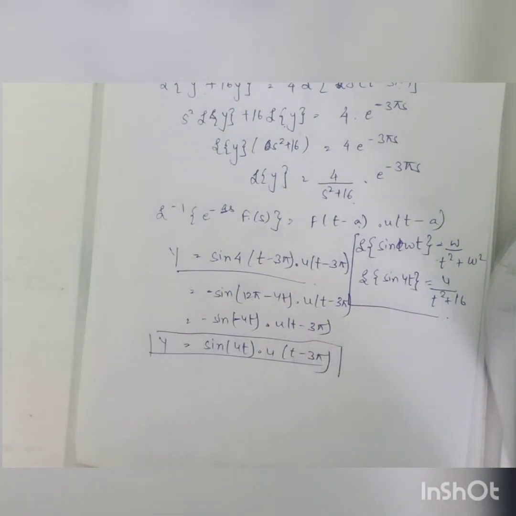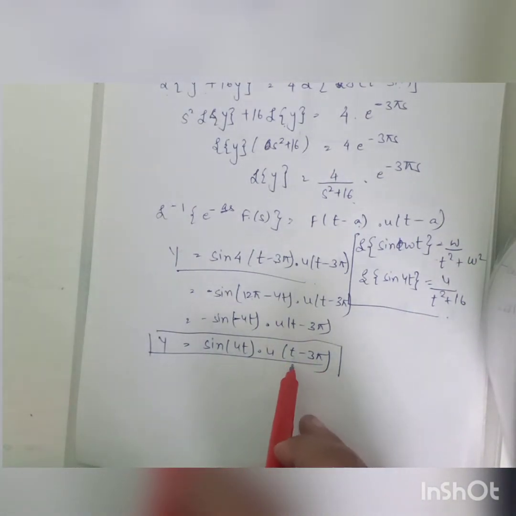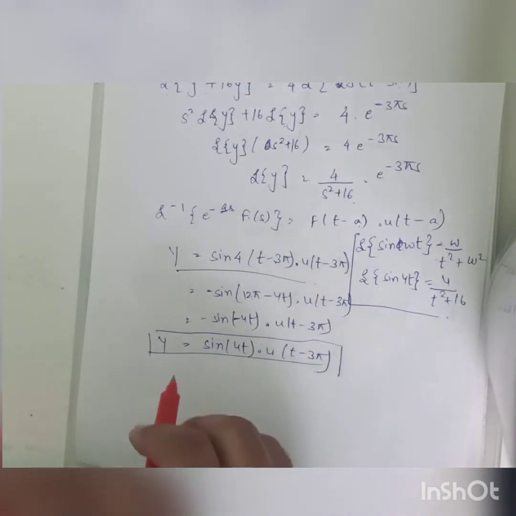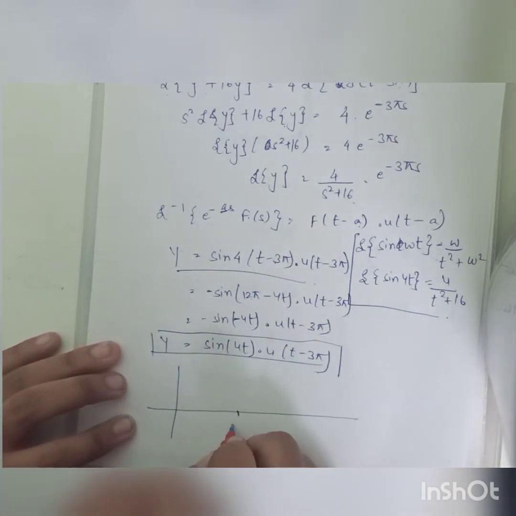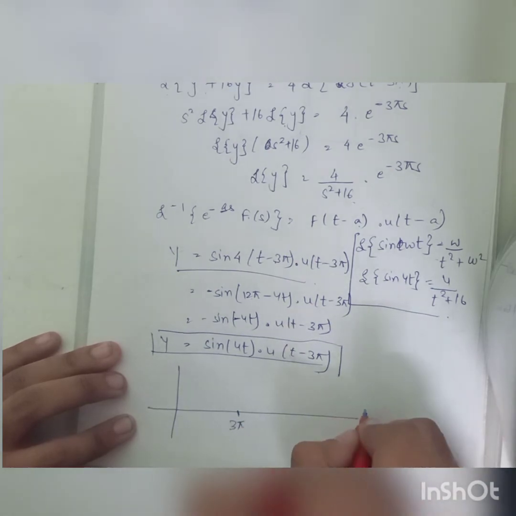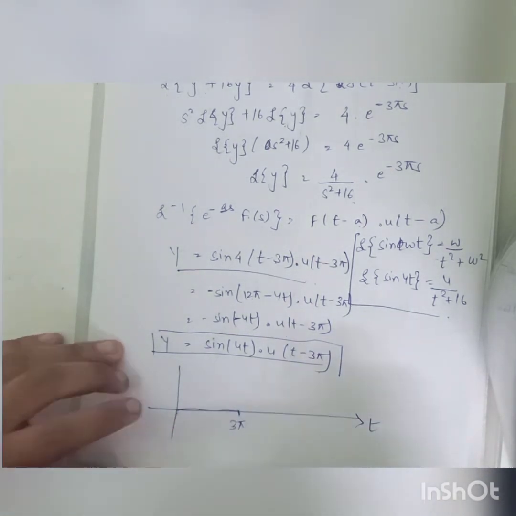Now how to graph it? Since it is t minus 3 pi, there will be nothing until 3 pi; the value will be 0.